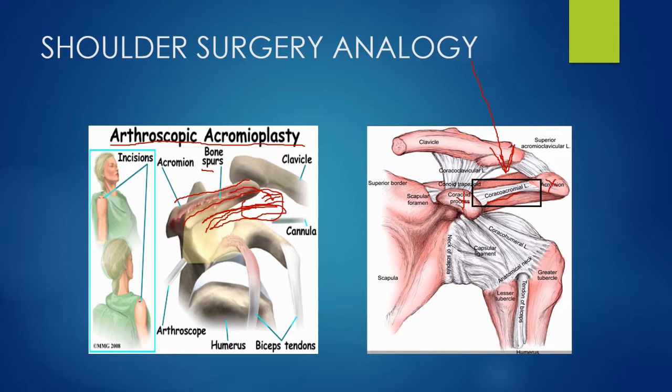So the coracoacromial ligament is not involved with stabilizing an articulation, but it simply provides a connective tissue connection between two processes on the same bone. And so many orthopedic surgeons feel that this ligament can be sacrificed with no loss of stability of the shoulder complex itself, but removing the coracoacromial ligament here removes the roof or the ceiling of the subacromial space and can reduce the compressive loading of the tendon as the tendon passes underneath this ligament during shoulder flexion and shoulder abduction.